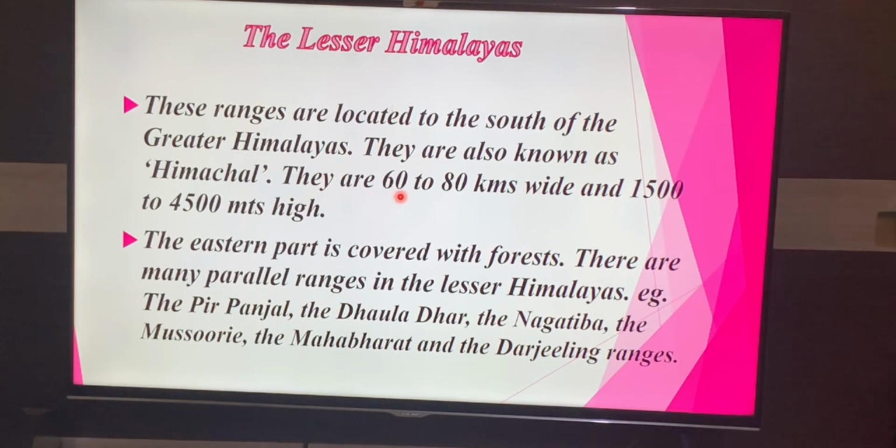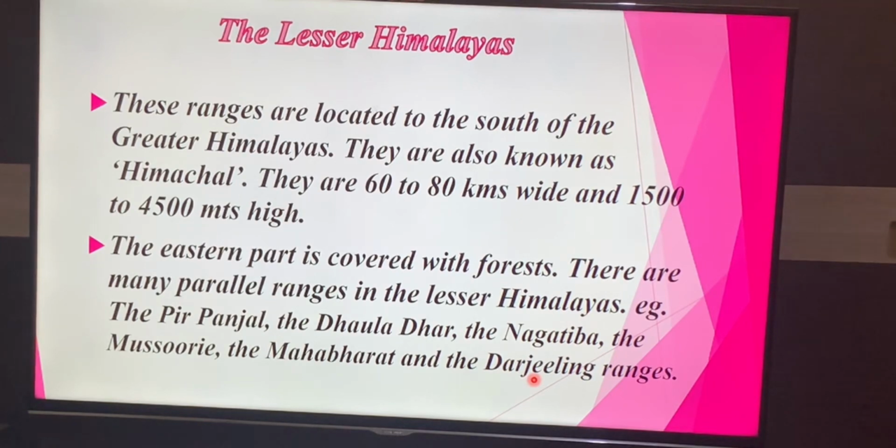They are 60 to 80 kilometers wide, 1,500 to 4,500 meters high, and the eastern part is covered with forest. There are many parallel ranges like Nag Tibba, Mussoorie, Mahabharat, Darjeeling, Pir Panjal located in the Lesser Himalaya.